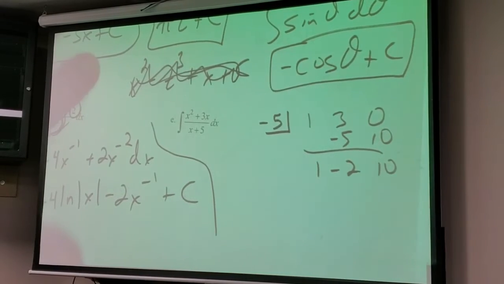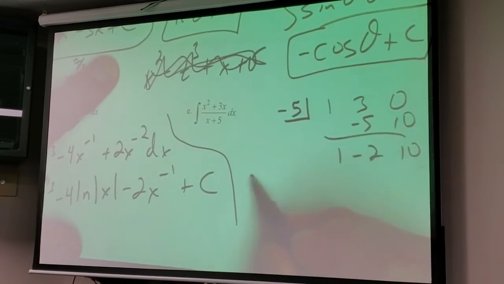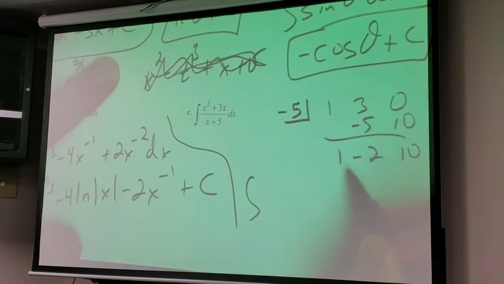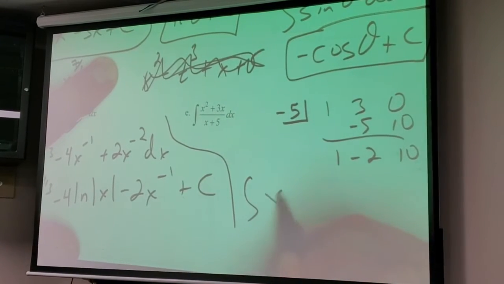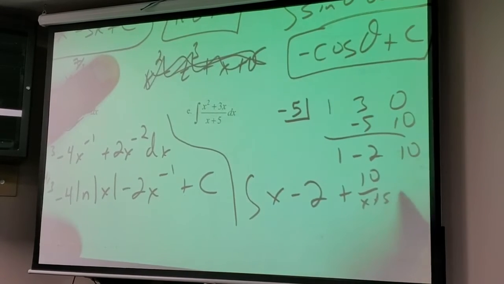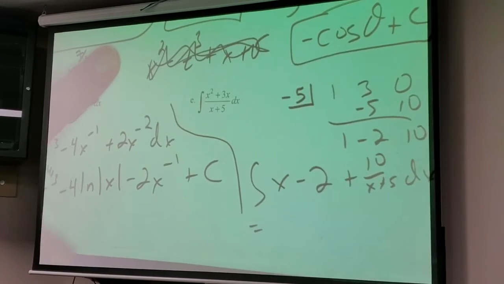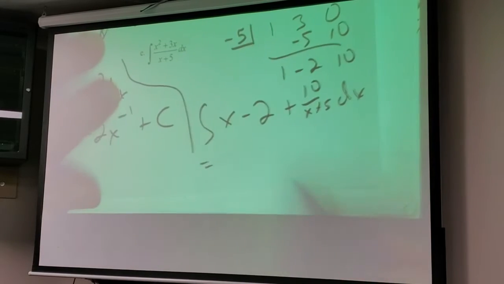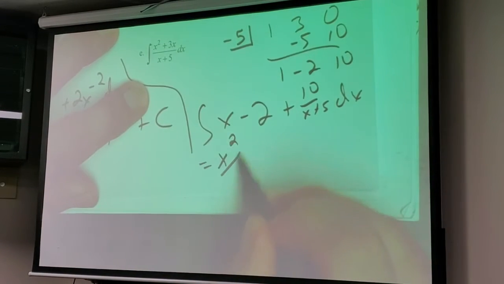So what does this mean? It was x squared, now it's x minus 2 plus 10 over x plus 5, and this is easy. Let me do the hard parts. All right, now you guys do the easy part.